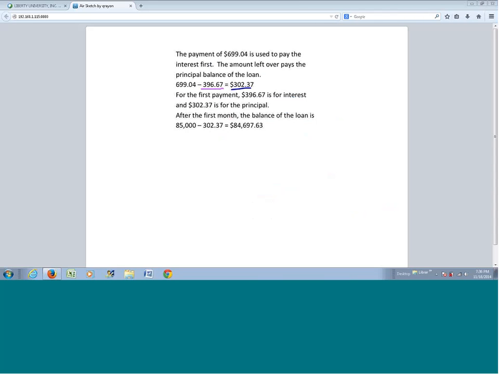So the $396.67 goes for interest, and the $302.37 goes to principal. So after the first month, you take the $85,000 that you owe, subtract the $302.37, and now you owe $84,697.63 after the first month.